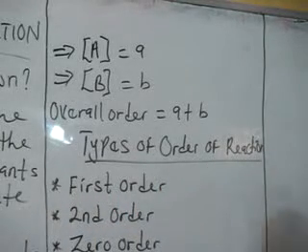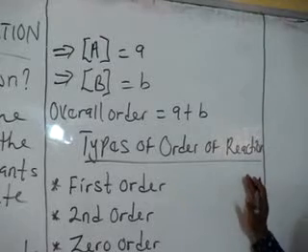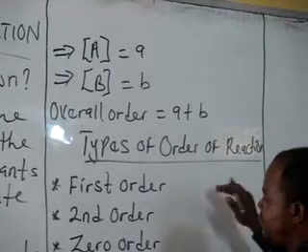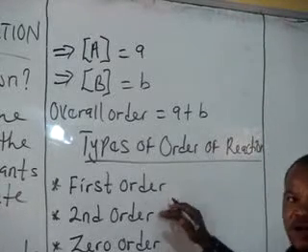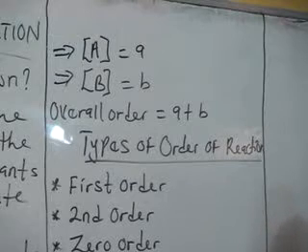But as per O level, I'm going to treat just the first order, second order, and then the zero order.